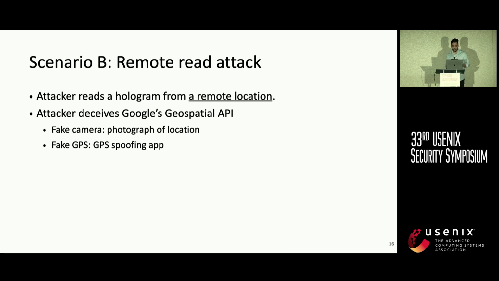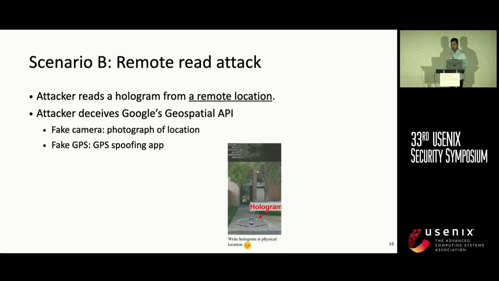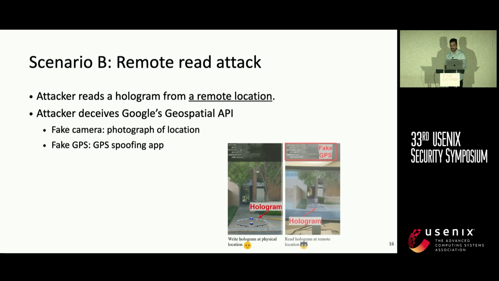And it can be done using GPS spoofing applications. For example, in a real environment, the victim user could write a hologram to the shared state, but then the attacker can provide the fake GPS information and fake camera input and access the stored hologram.